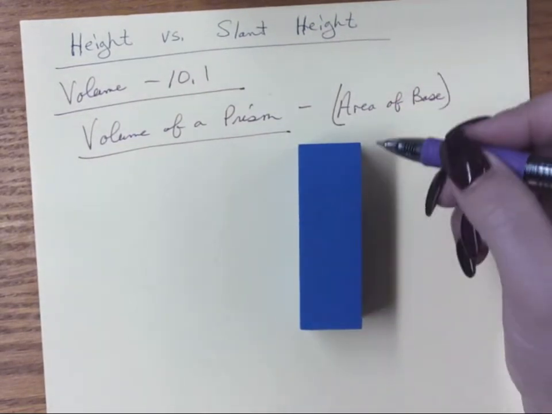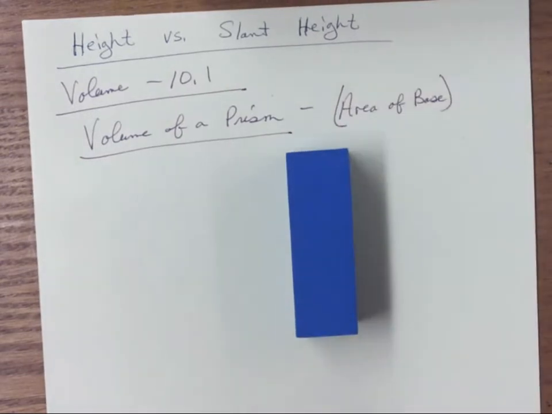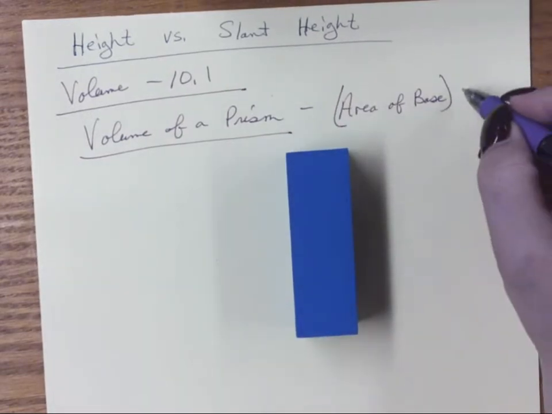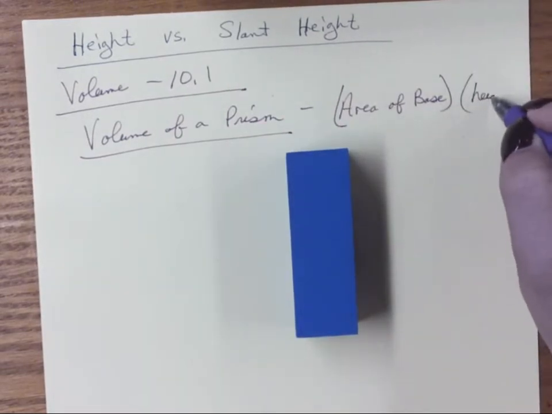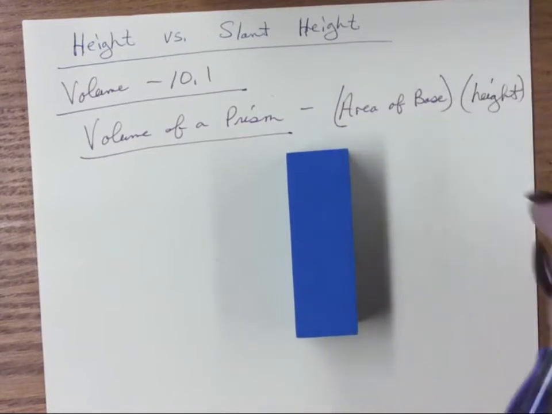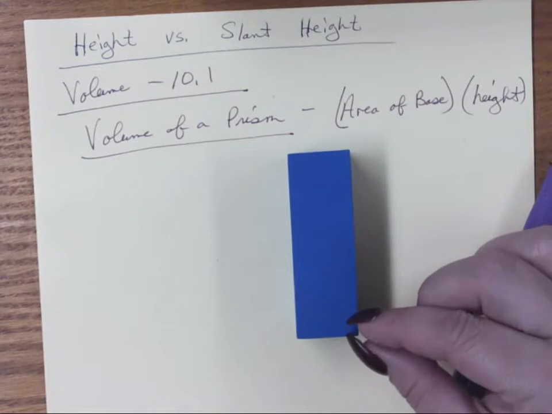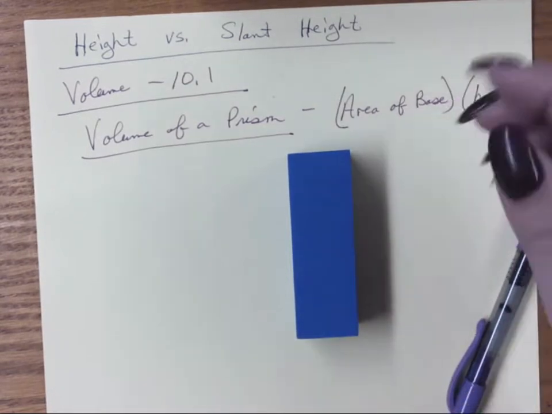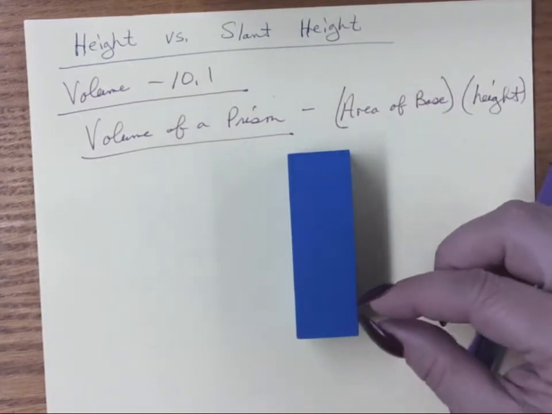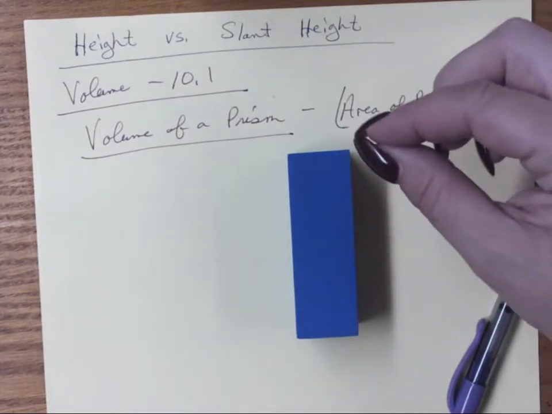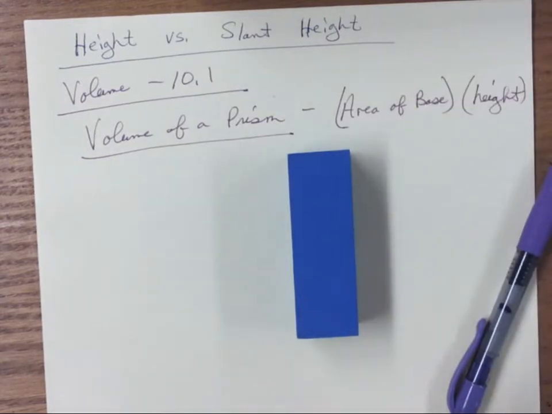And again, here I'm looking at perpendicular height. I'll multiply it. If I knew the area of this base, and it's 1 unit thick, and I know that this thing is, say, 7 units tall, then whatever that area is, there are 7 of them in there. That's how much it would take to fill this object.